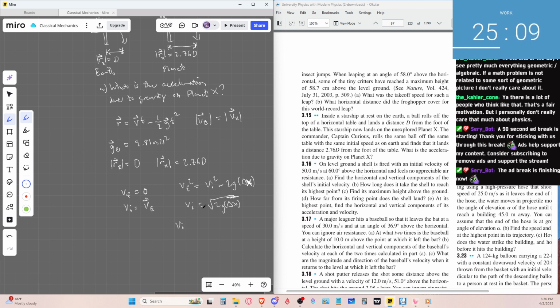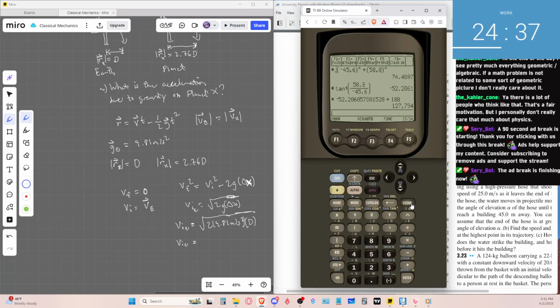And the initial velocity on Earth, so 2 times g, and the distance is just basically d in this case. So we're left with initial velocity, and I'll bring up the calculator.